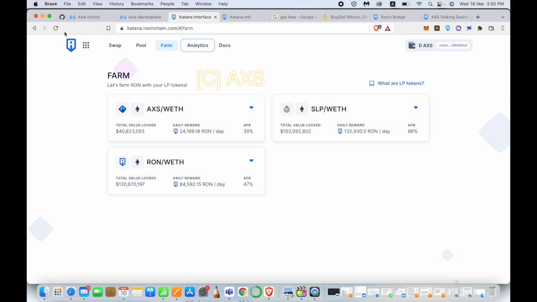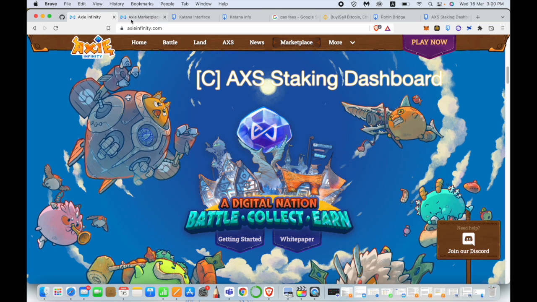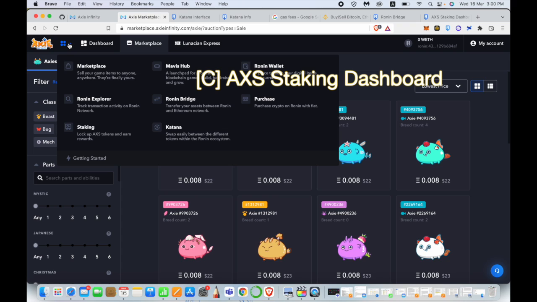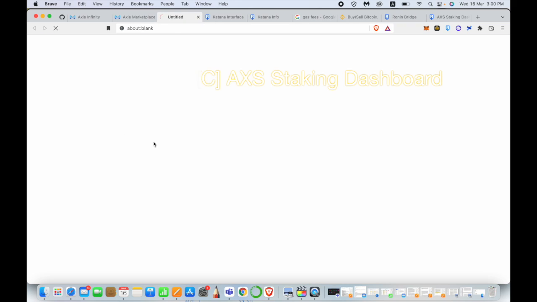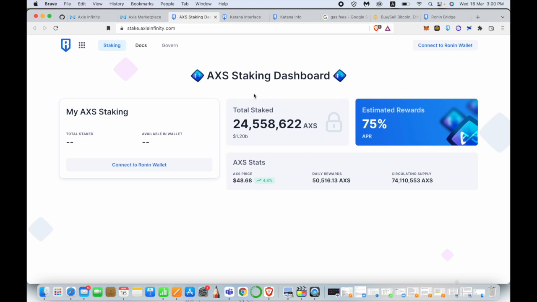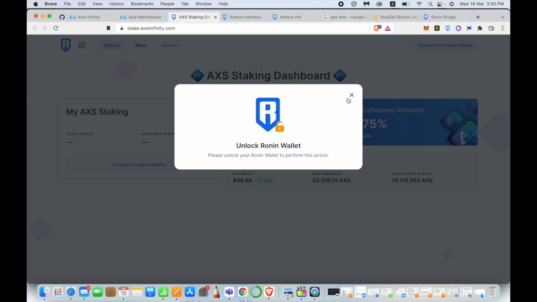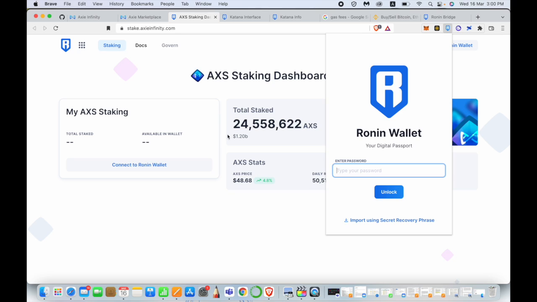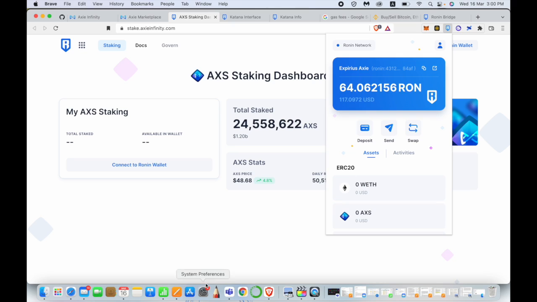Okay, now after you are familiar with the Katana interface, the next website which I'm going to introduce to you is the AXS Staking Dashboard. So you can go to the AXS Staking Dashboard by going to the marketplace again, clicking on the four buttons, then clicking on staking. Here, this interface actually started way before Katana, and people who used the interface earned quite a bit from it, because this was just before AXS tokens moon in terms of their value.